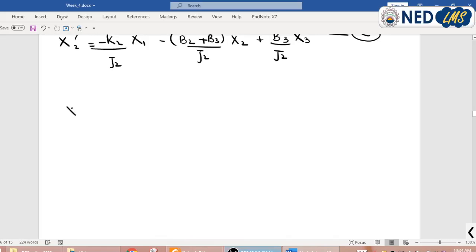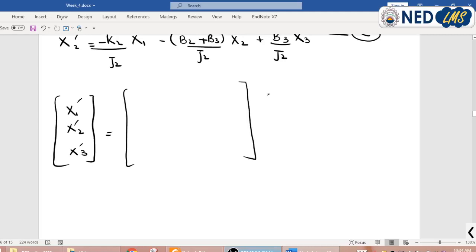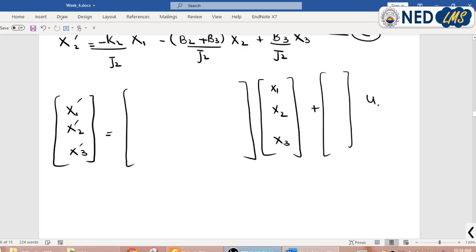This state space representation will be x1 dash, x2 dash and x3 dash in terms of x1, x2, x3 plus u.